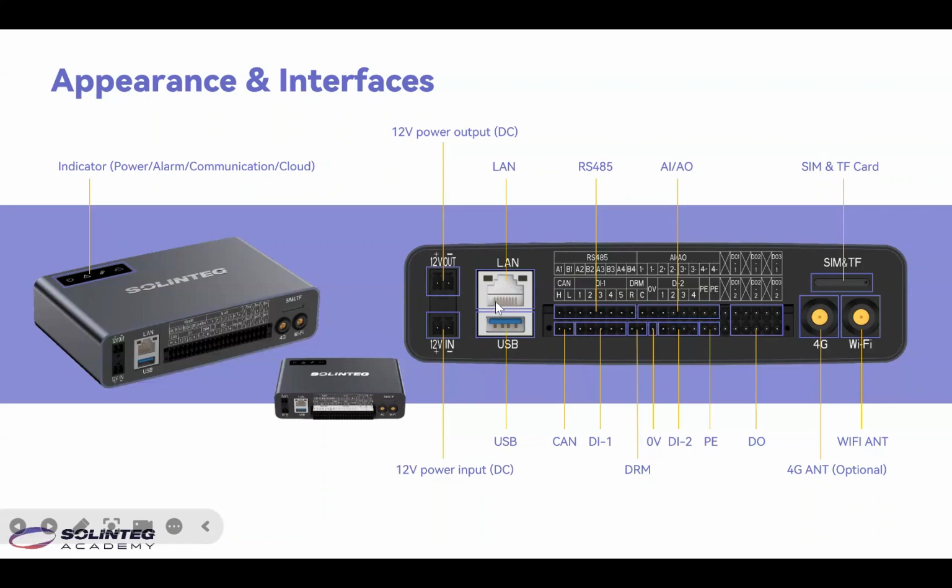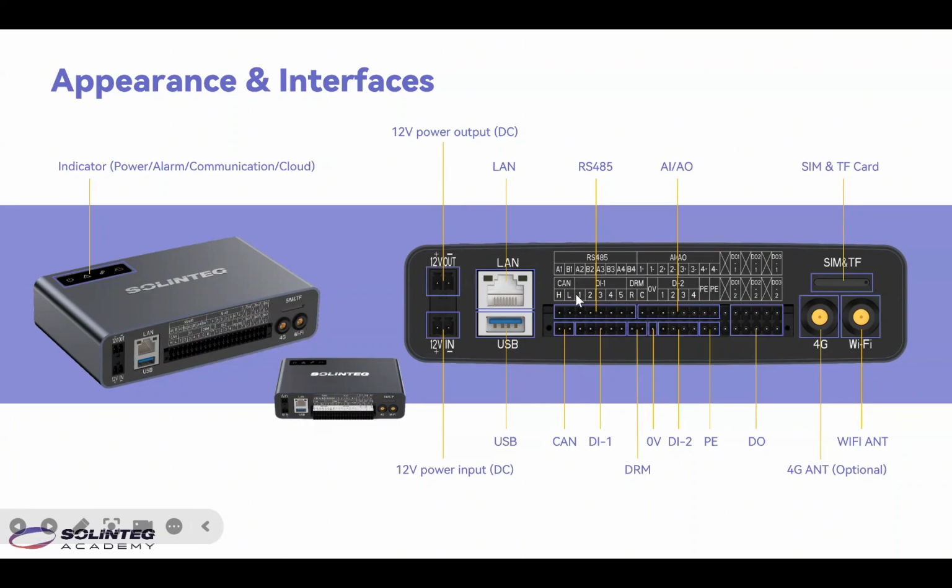Here is a LAN port, and here is a USB terminal, which can be used for the local upgrade. Here we can see a chart showing the position of the various holes, which corresponds one-to-one with the ports below.